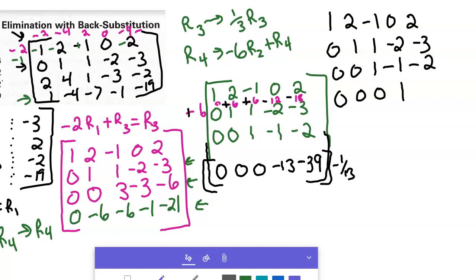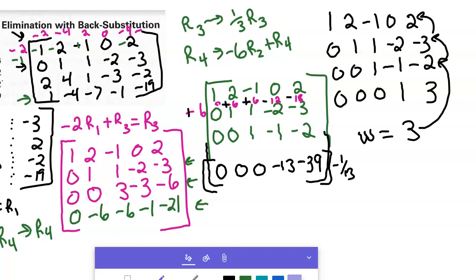And -39 divided by 13 is 3. And so we have one of our answers. We know W equals 3. Holy cow. So now you can back substitute that to find the rest of your answers.